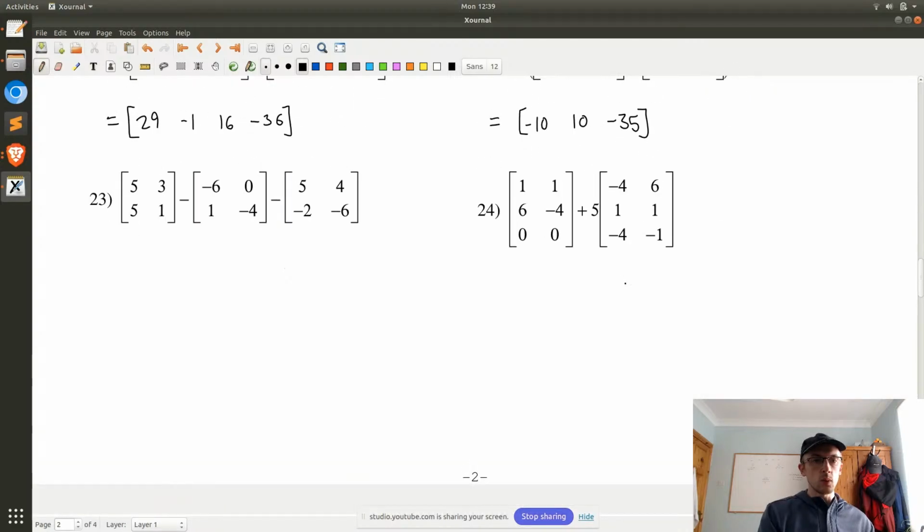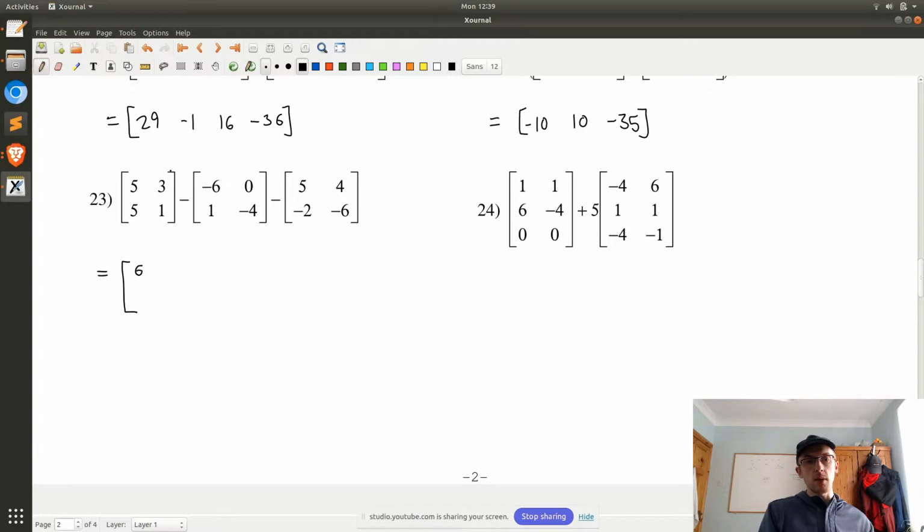And now we have a first matrix minus a second matrix minus a third matrix. So let's do it. They're all of the same order. They're all 2 by 2. So it's valid. So we're just going to do 5 minus minus 6 minus 5. So that would be 5 plus 6 minus 5. So that would be 6.